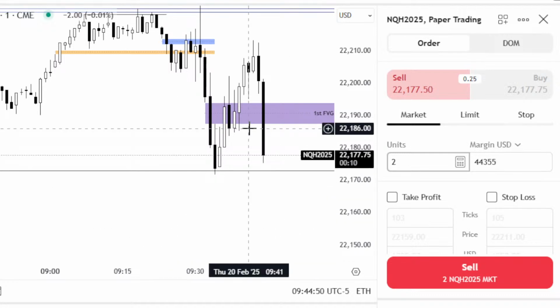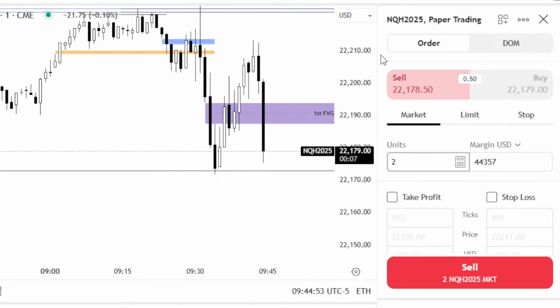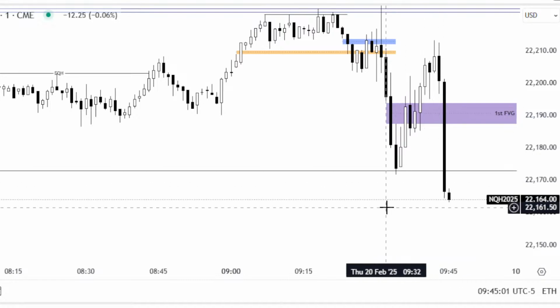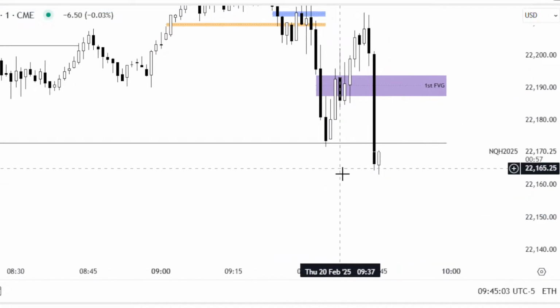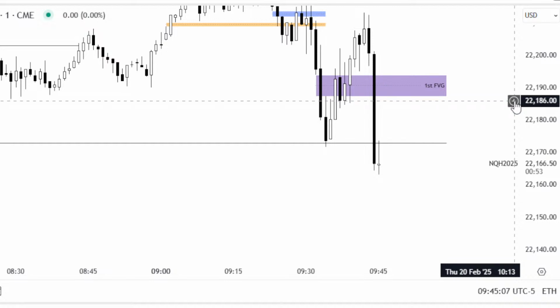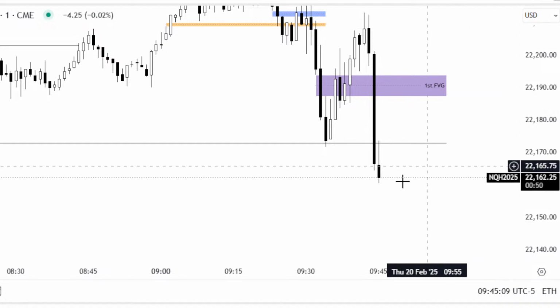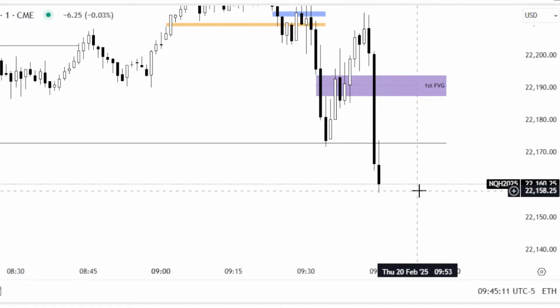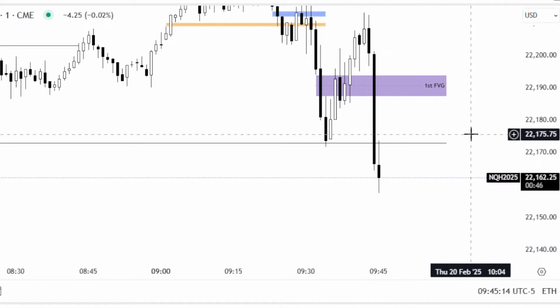Now it's probably not even going to give me the entry. See, I can't take it down. I need price to at least come up here. That's probably going to be the breakaway gap, send price all the way down.